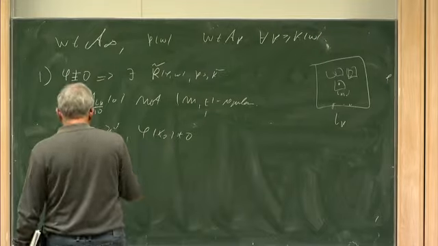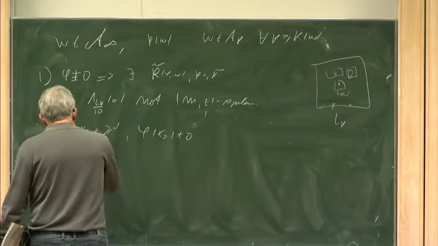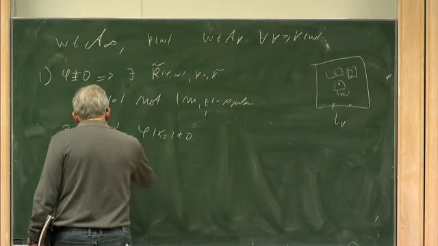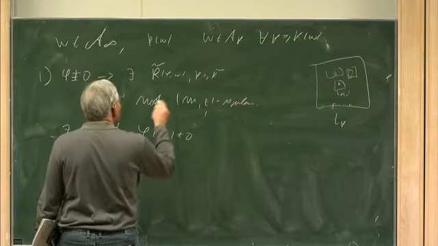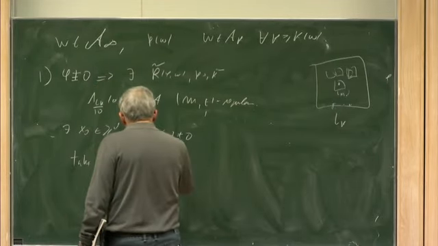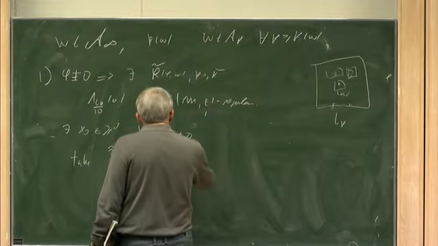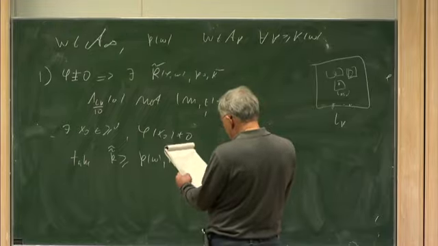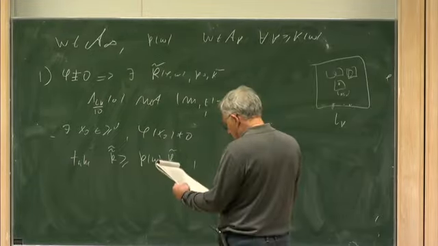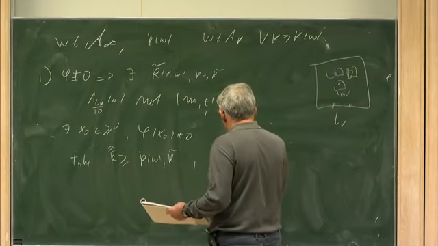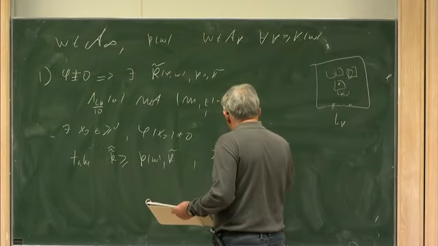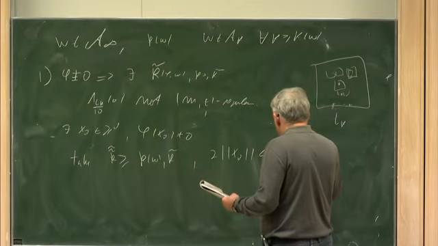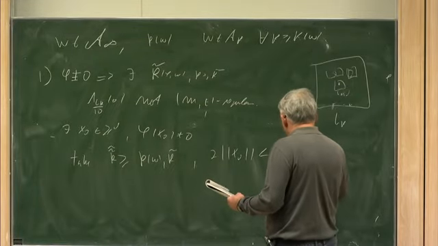So, I take k double tilde bigger or equal than k_omega and k tilde. And I also want L0 inside it, so I want 2|x0| to be less than L_k over 10.